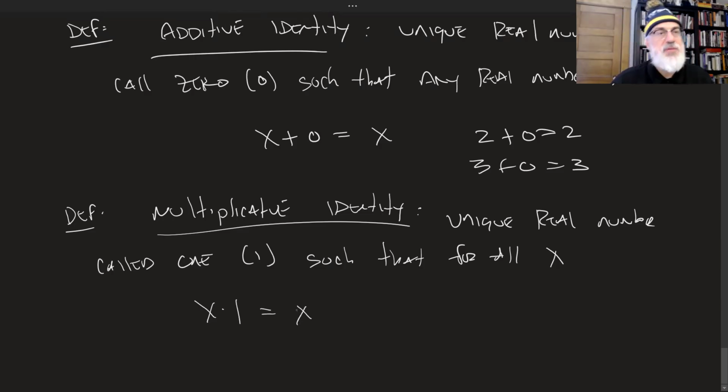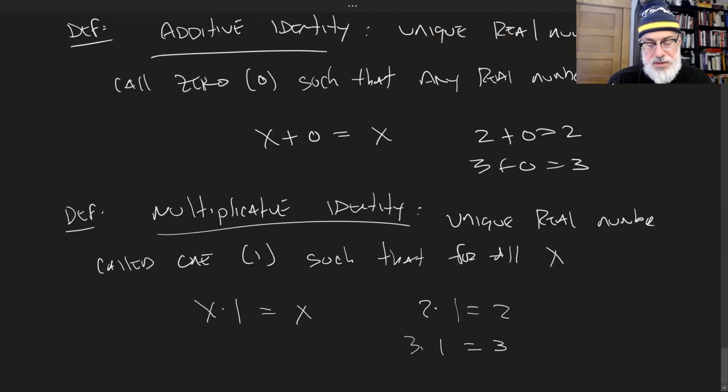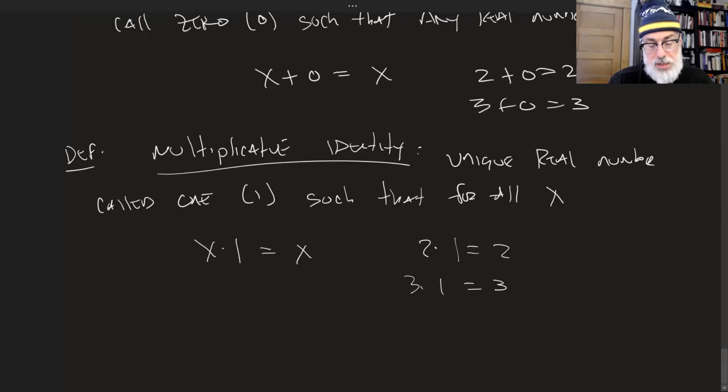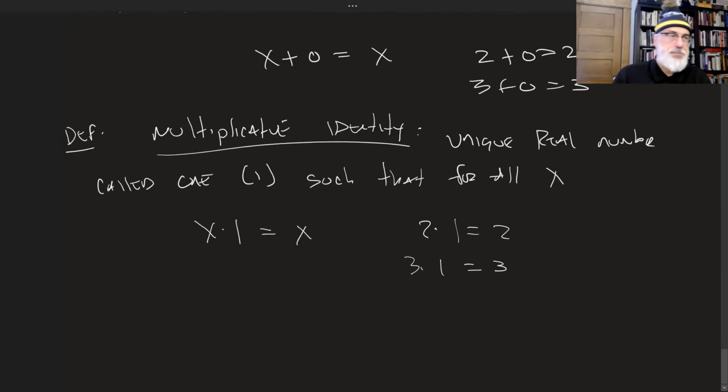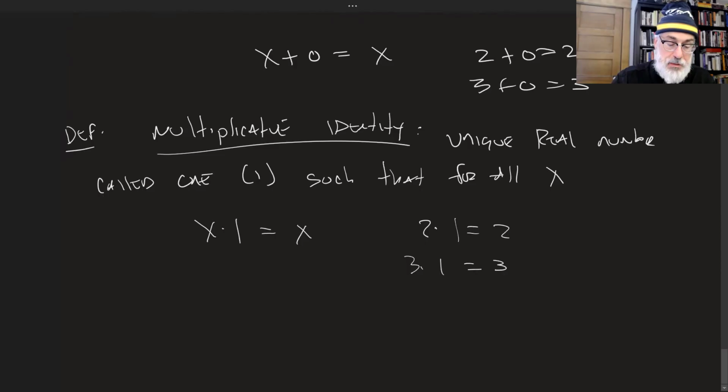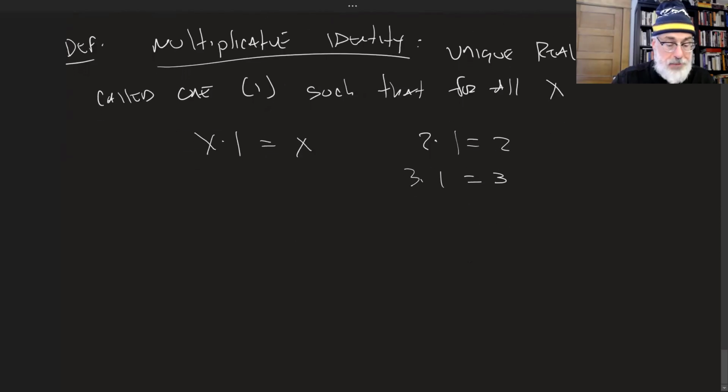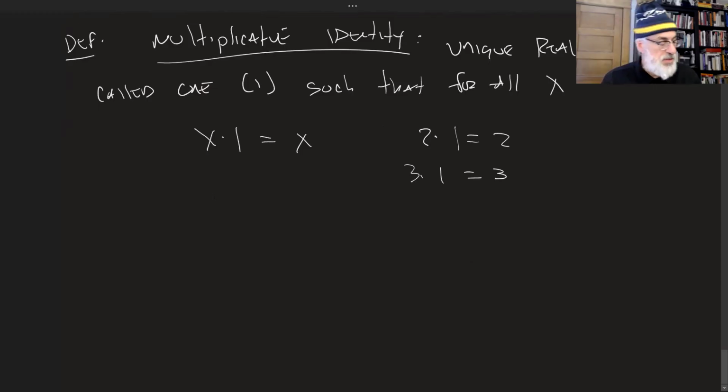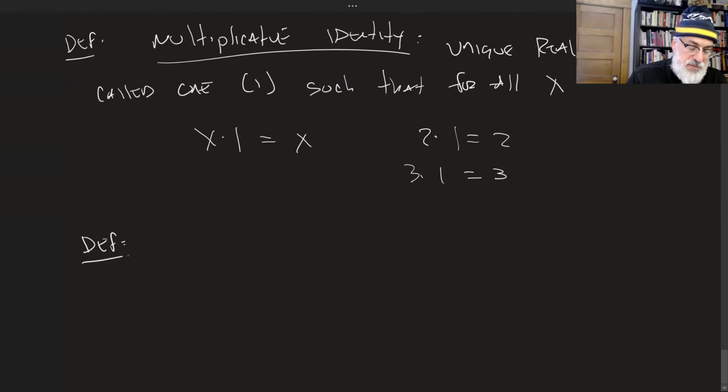Unique meaning there's only one of these. There isn't two multiplicative identities. There isn't two additive identities. The only ones that are additive and multiplicative identities are 0 and 1. So again, 2 times 1 is equal to 2. 3 times 1 is equal to 3. The identity part means that when we multiply by 1, we get back the original number. That's what we kind of mean by identities. Okay. We're going quick, but I think most of you should have seen this at some point. So let's look at additive inverses. This should be another definition.